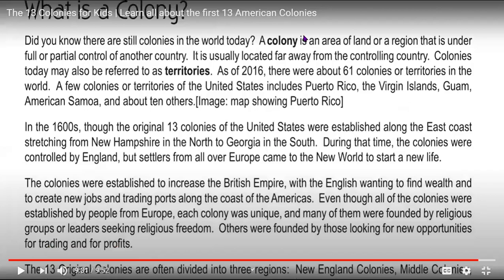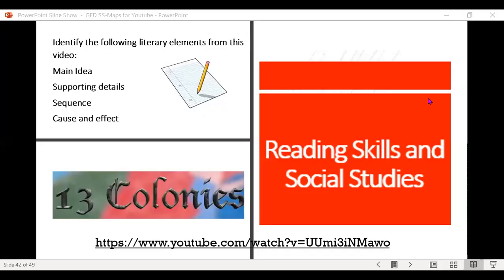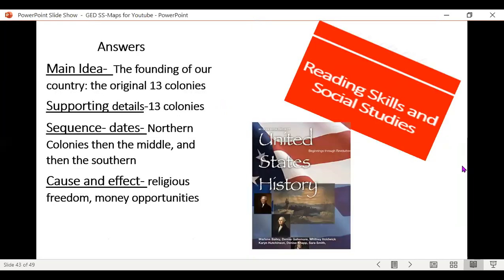Okay, so let's get back to our PowerPoint. So you can see that there are a lot of different cause and effects in this video. But the main idea, let's go to our next slide because we've got answers. But the main idea is actually the founding of our country, the original 13 colonies.